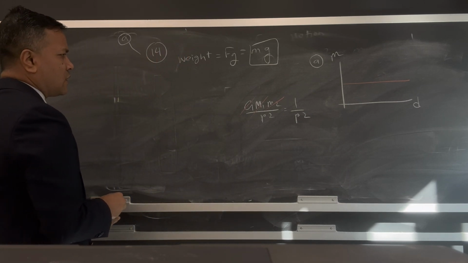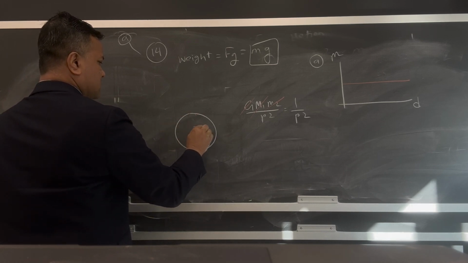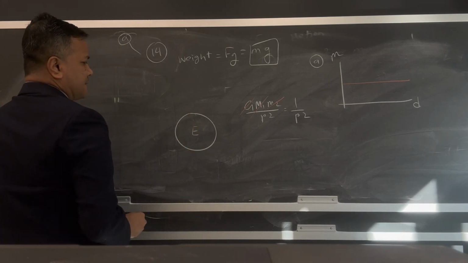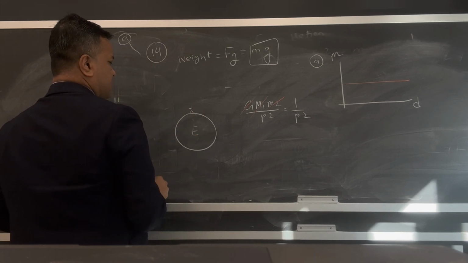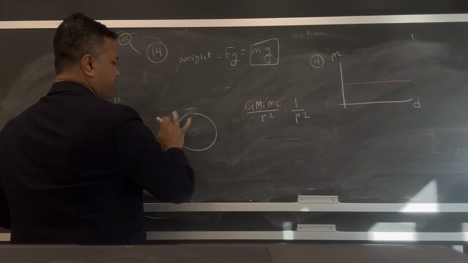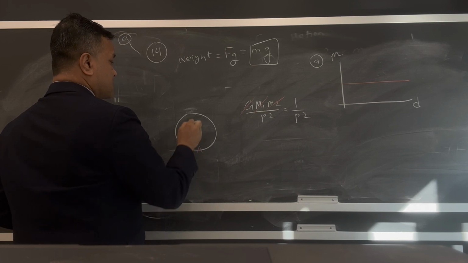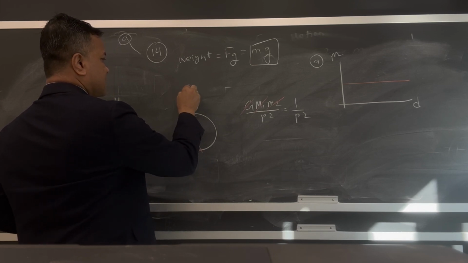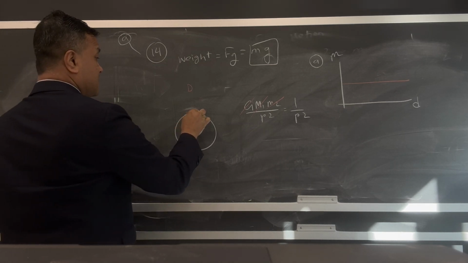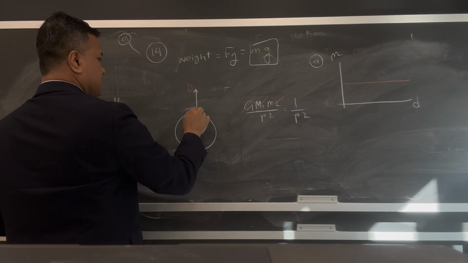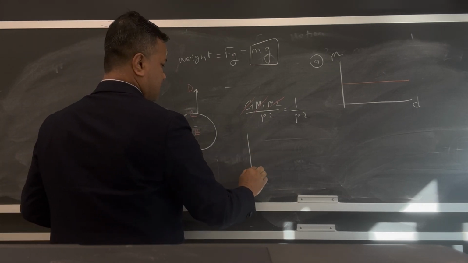All right. So how can you draw this if you are here on the earth, right? If you are here at, let's say this is location A, this is location B, this is location C, this is location D. If you move from C to D, how is your graph going to look like?